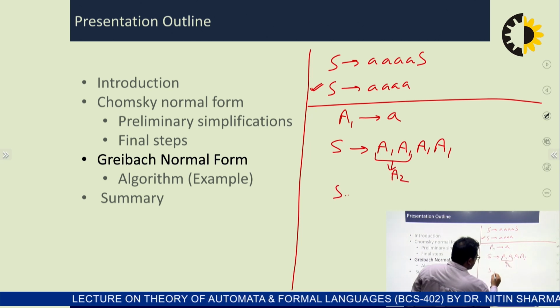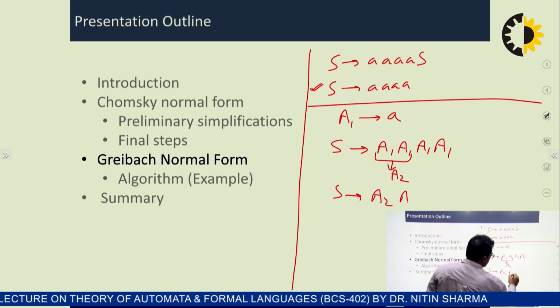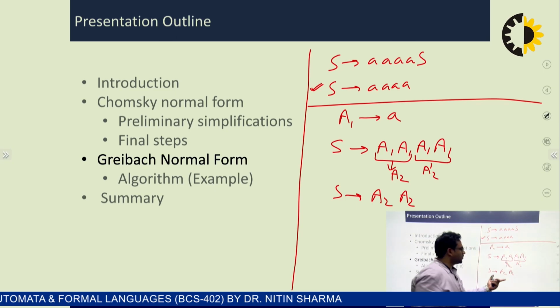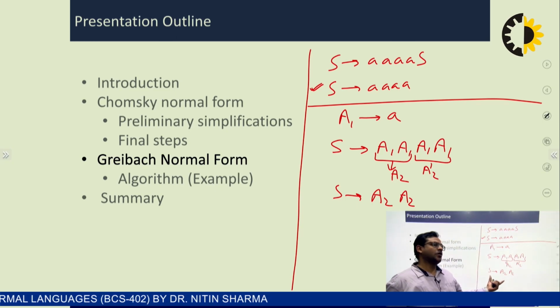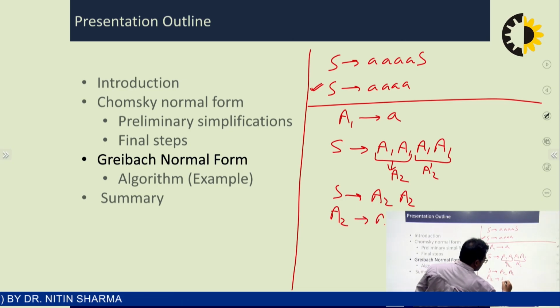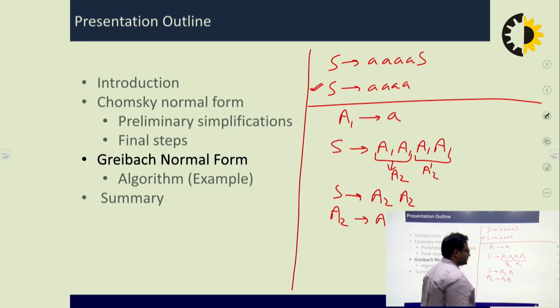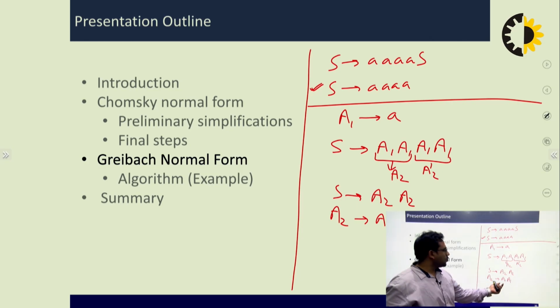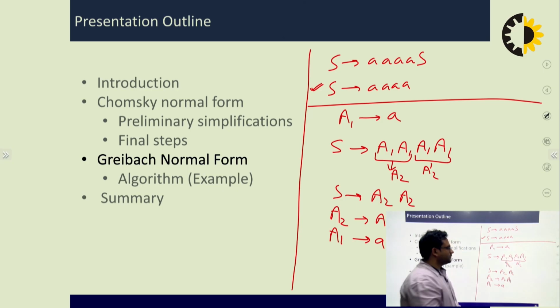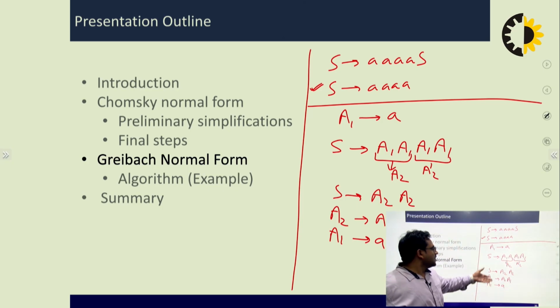So now the update is S tends to A2, A2, because this is also A2, this is also A2. So this production is in Chomsky normal form. What is A2? This is also in Chomsky normal form. What is A1? This is also in Chomsky normal form. So if you can see, all three productions are in Chomsky normal form.